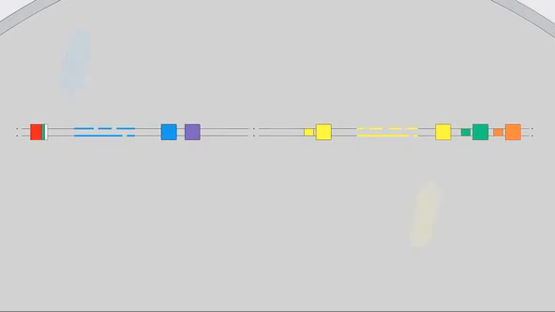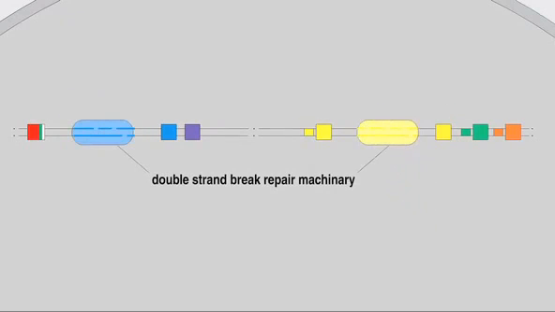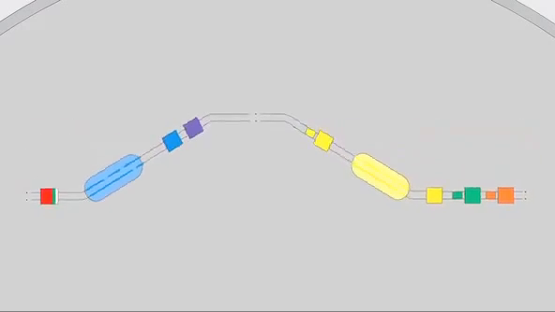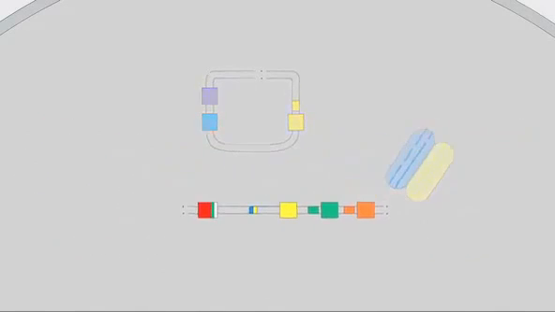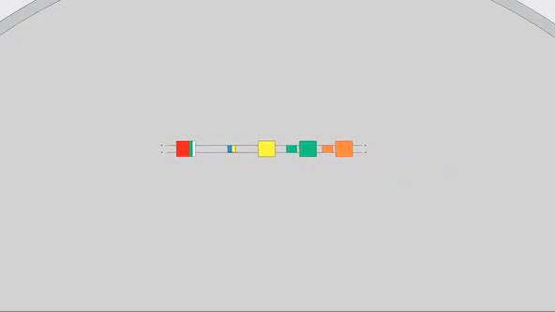Because the breaks have been produced in two distinct locations at a great distance from one another, the double-strand break repair machinery joins the two switch regions and excises all of the DNA located between the two damaged regions. After the double-stranded DNA break repair machinery finishes its work, the damaged switch regions will have been spliced together at some random point, leaving remnants of each switch region on either side of the repair joint.